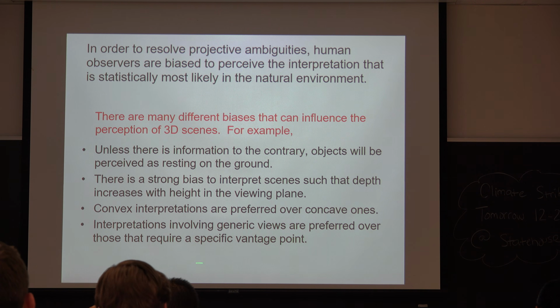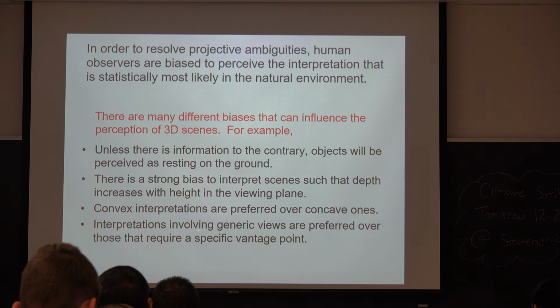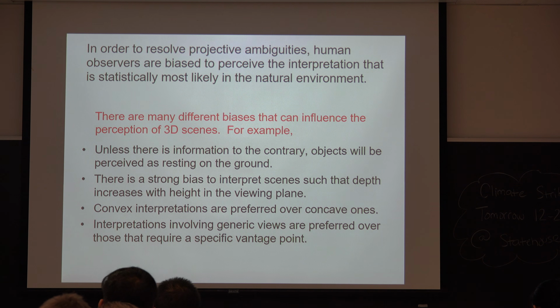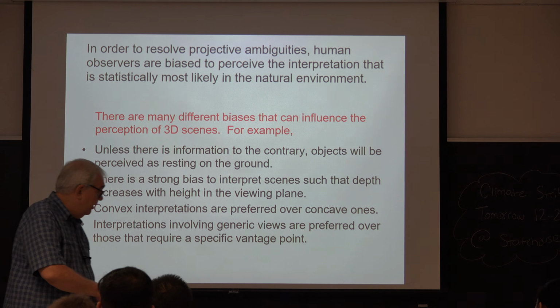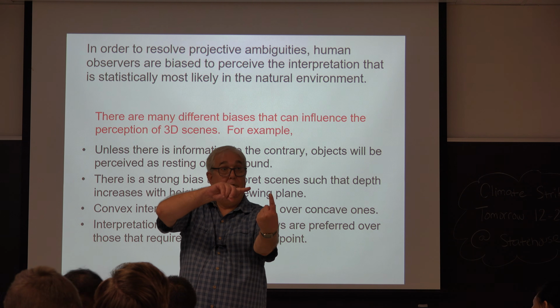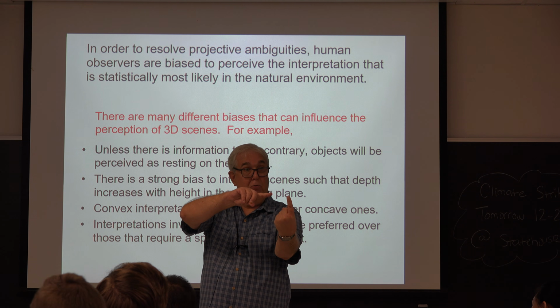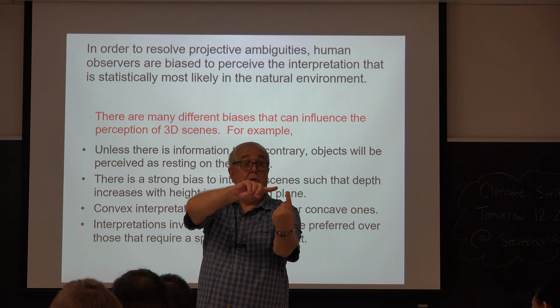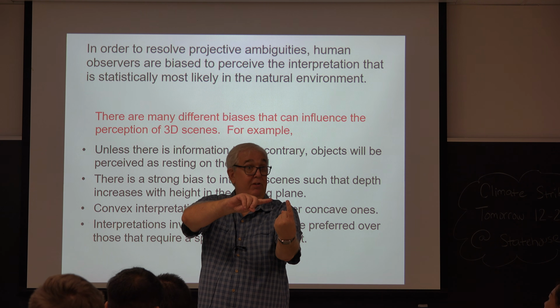And then finally, we'll spend a lot of time on this one. Interpretations involving generic views are preferred over those that require a specific vantage point. So let me unpack that one for you a little bit. There's the example I gave before, where I was holding up my fingers like so to try and get it so in her visual field, the fingers look like they're attached.